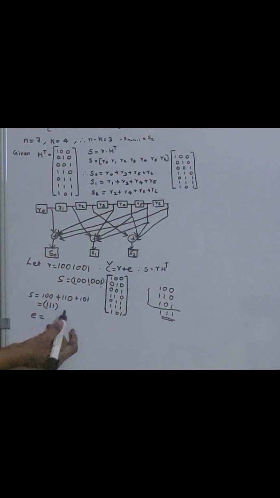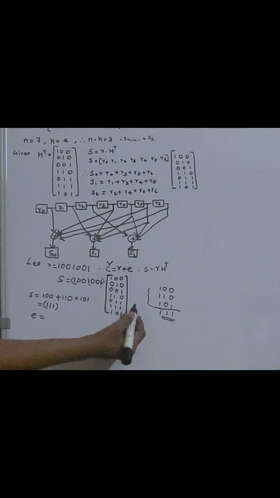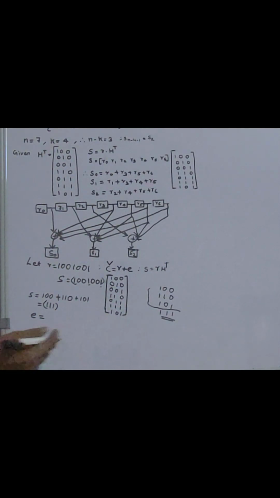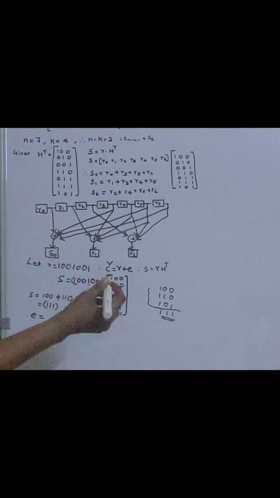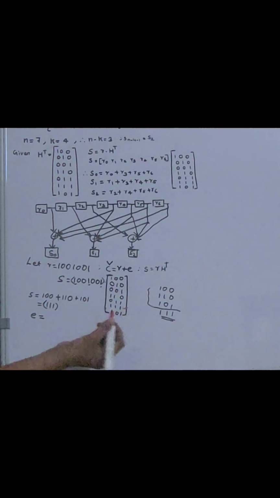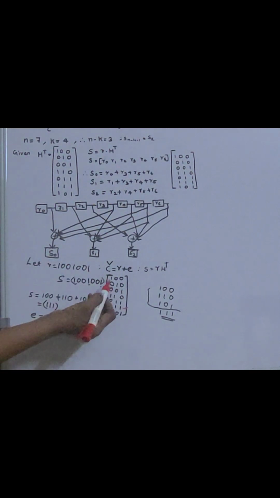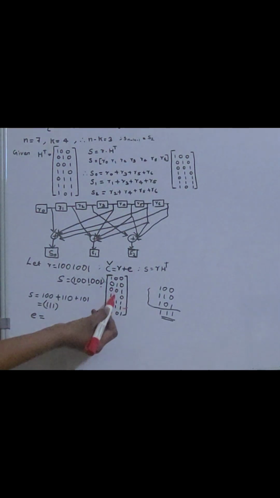We have syndrome 1 1 1, and the same row appears in H transpose. Now we find which position this 1 1 1 is in H transpose: 1 2 3 4 5 6. This is the sixth position. So we will have an error in the sixth position.